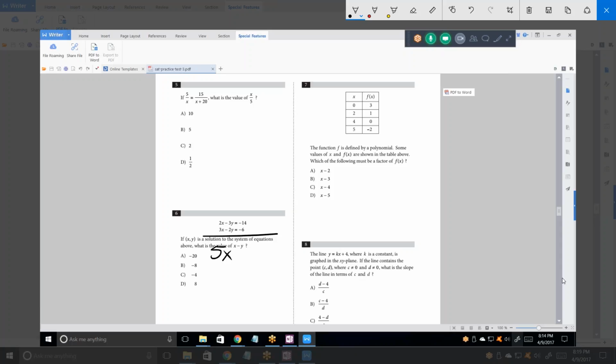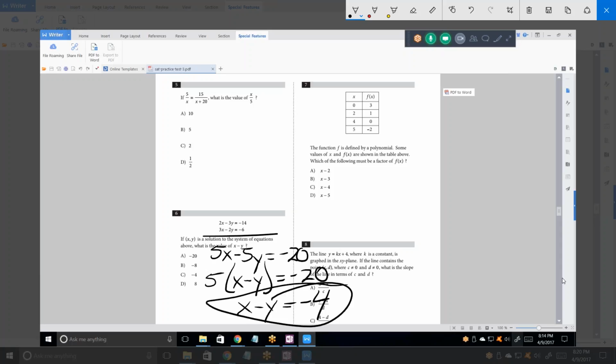I get 5x minus 5y equals minus 20. Then I factor out a 5, and I get 5 times x minus y equals minus 20. Divide both sides by 5, and I get my answer instantly, in 20 seconds.